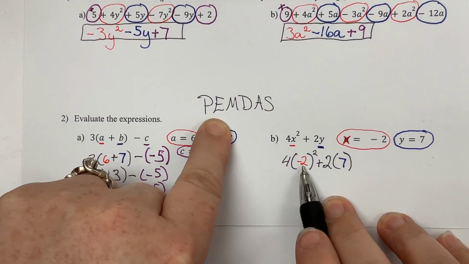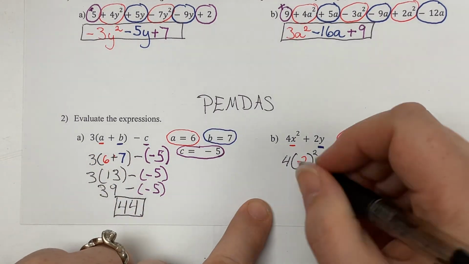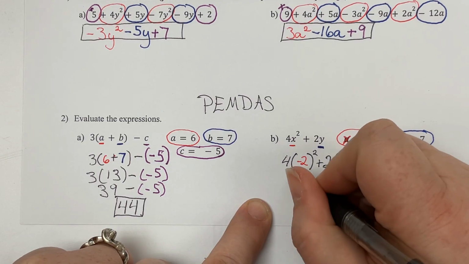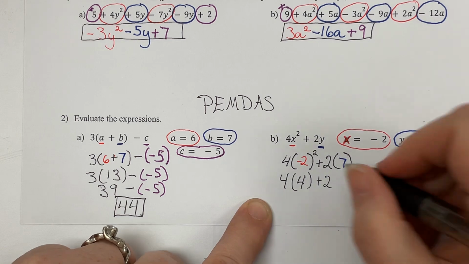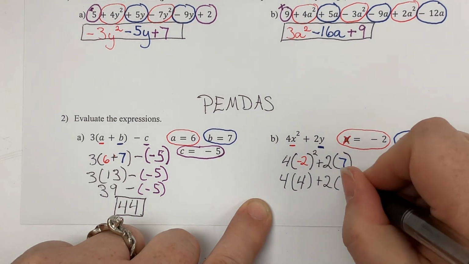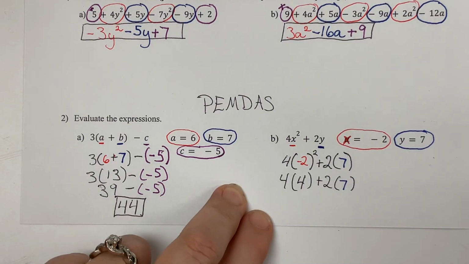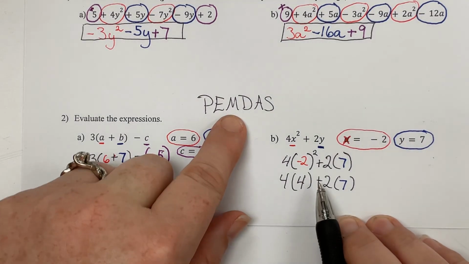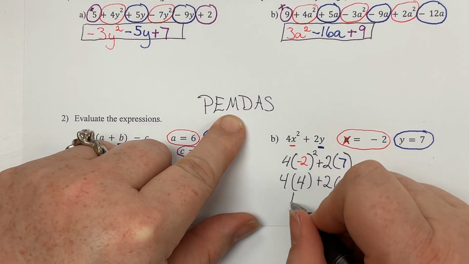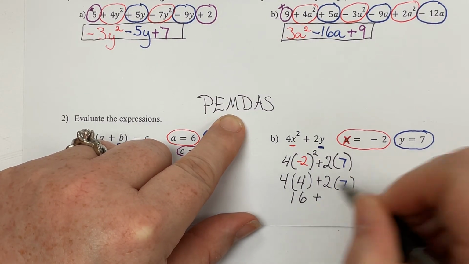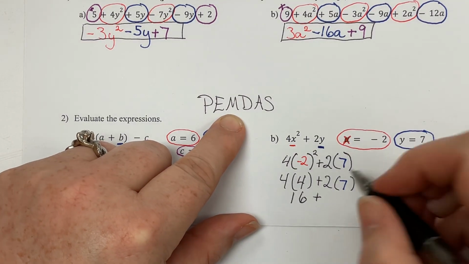Negative 2 times negative 2 is 4. 4 times 4 plus 2 times 7. Next, we're going to take care of multiplication. 4 times 4 is 16, plus 2 times 7, which is 14.